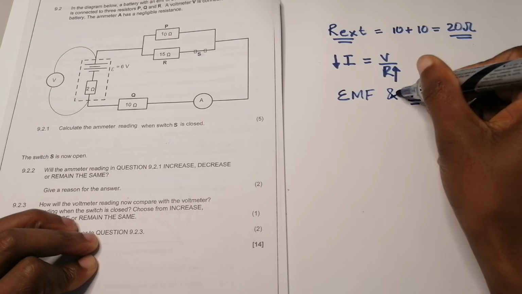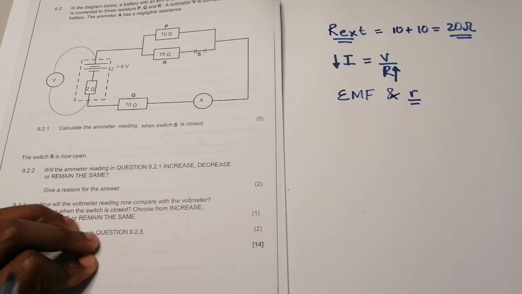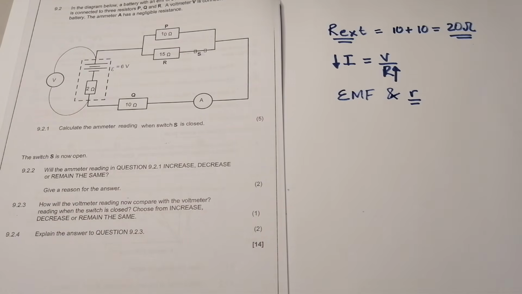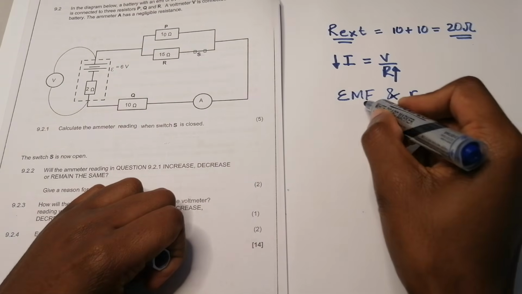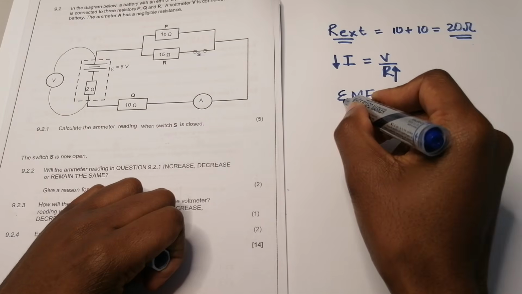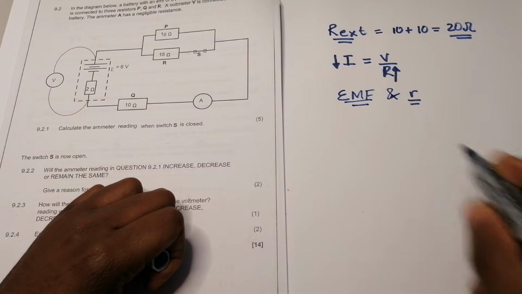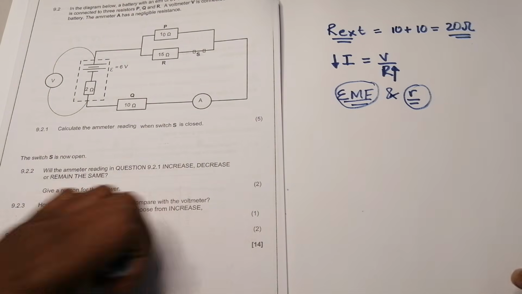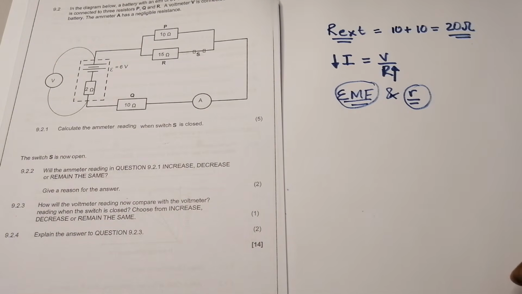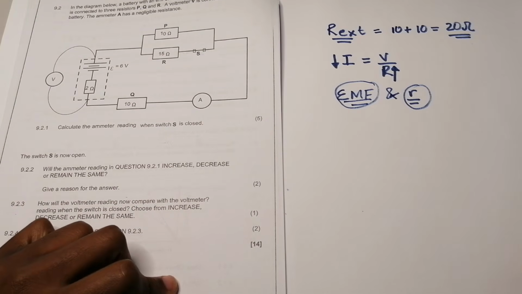Of course, we know this is not factually accurate when it comes to real circuits, but remember, we are just talking about ideal resistors here. So two things that would remain the same are your EMF as well as your internal resistance. Now, we want to know, how will V external be affected?